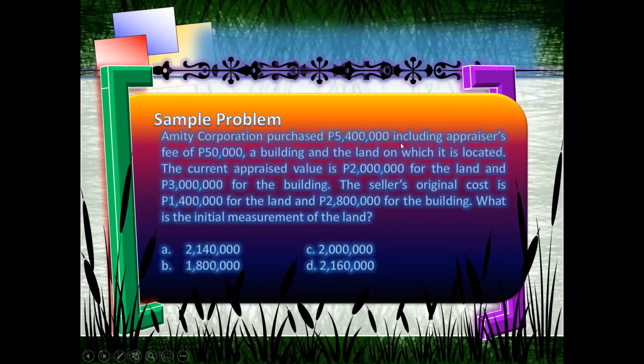So, ibig sabihin, yung 5.4 million na ito, sakto na yan, no? Yan na yung ating gagamitin or yan na yung amount na i-allocate natin kay land tsaka kay building. Okay? So, paano again natin i-allocate yung 5.4 million? So, based on the fair market value or the fair value of your land and your building.